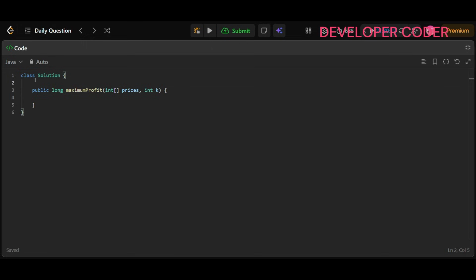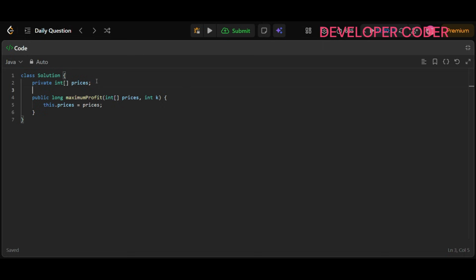In the class itself, instead of the method, I'm going to create an int array prices, and then I can simply say this.prices is equal to prices. So now I can use it globally. I don't need to pass these prices in my DFS method.